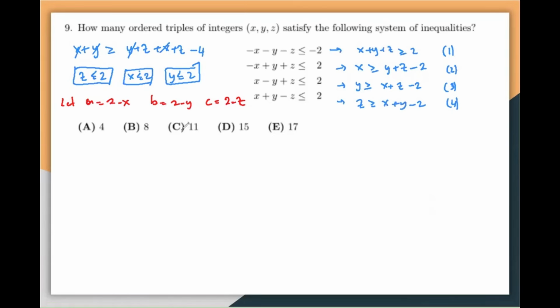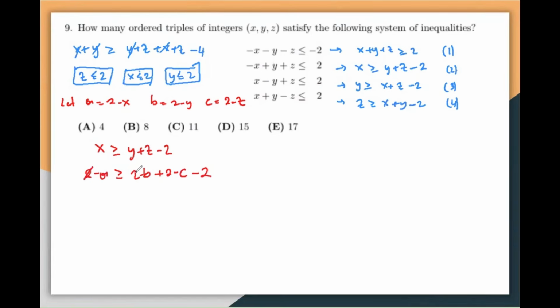Okay, so then what we can do now is take the first equation, x is larger than or equal to y plus z minus 2, and replace these. If I pull the x along, you'll get 2 minus a is larger than or equal to 2 minus b plus 2 minus c, and then minus 2.